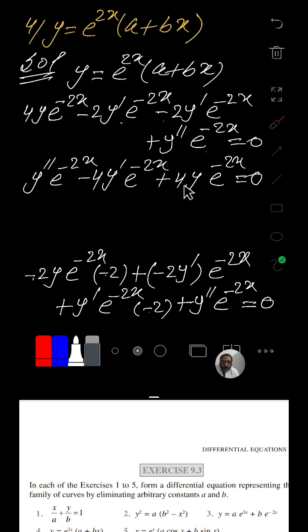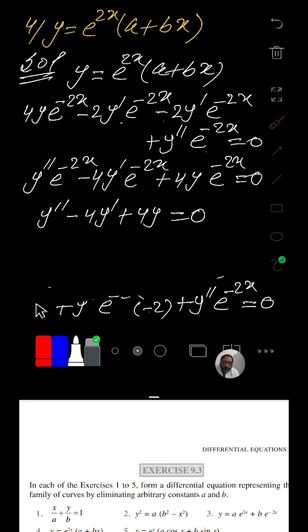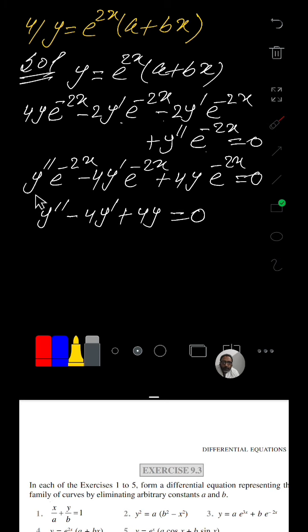So we can divide both the sides by e raised to the power minus 2x to simplify this. So we get y double dash minus 4y dash plus 4y is equal to 0. So this is the required differential equation for the given solution.